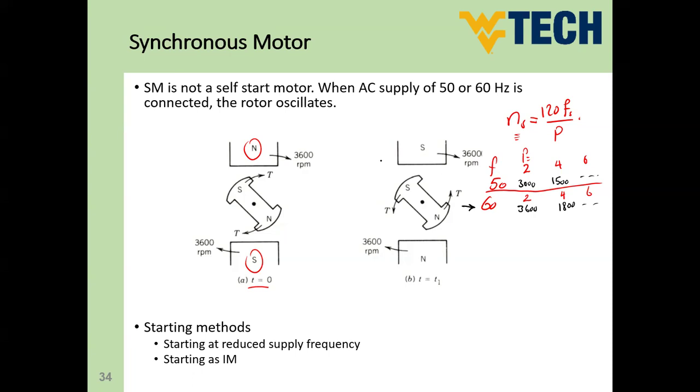So again, let's go back to our discussion about the motor. Once you supply the 60 hertz, 3-phase supply to your motor, at a certain time we would have this pole in this position, and this should be rotating with the synchronous speed, which is 3600.